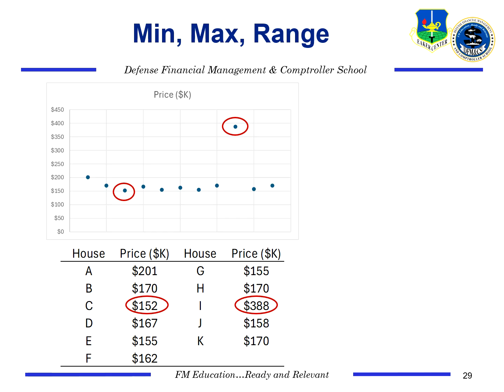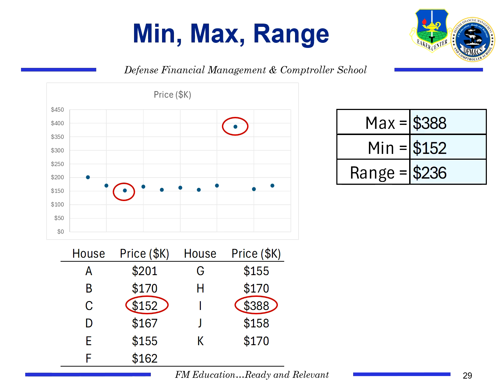While we're using the max and the min, we can then find our range. So you would subtract the minimum away from the max.